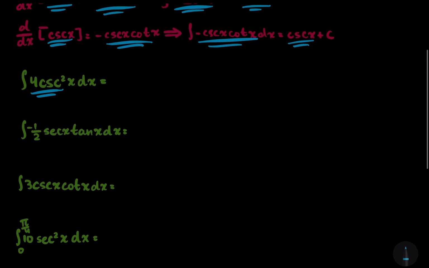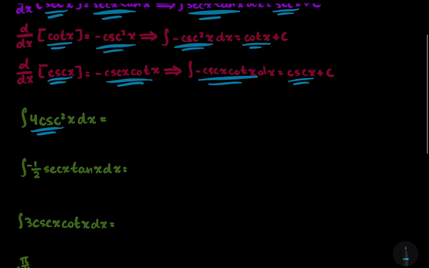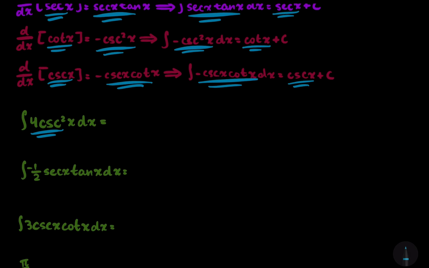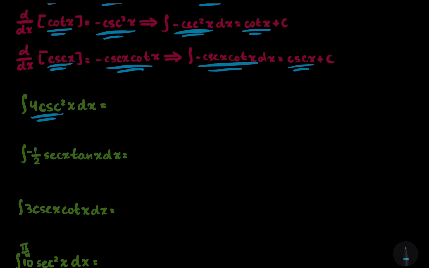First of all, we have the indefinite integral of 4 cosecant squared of x dx. We recall that the derivative of cotangent of x is equal to negative cosecant squared of x. So we can manipulate this integral a little bit. We can write this as the negative indefinite integral of negative 4 cosecant squared of x dx.